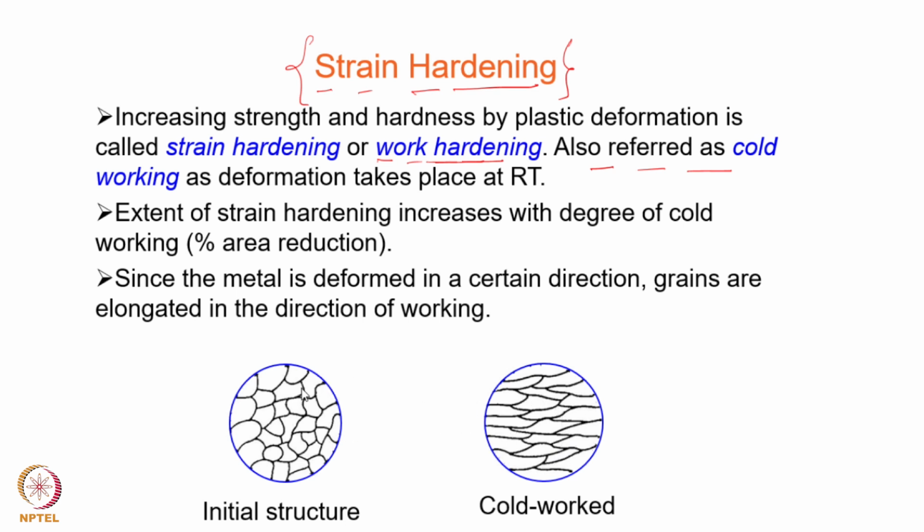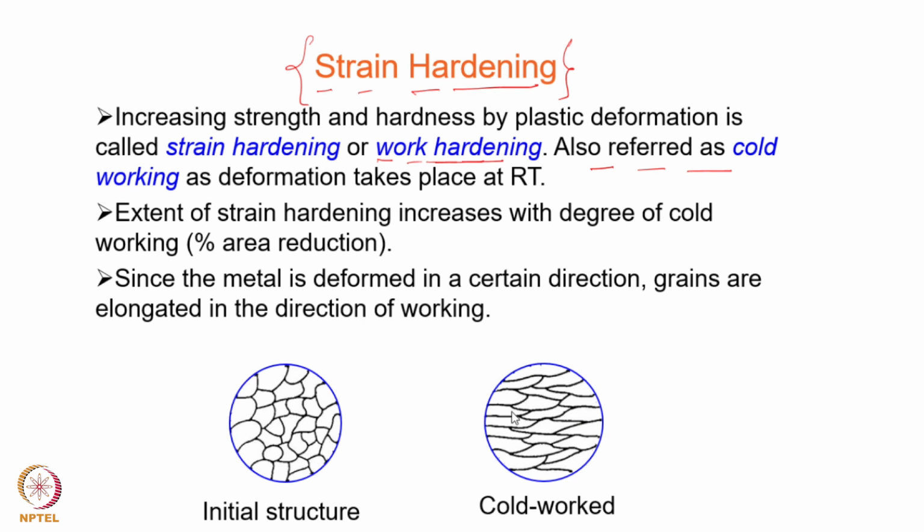So this tells you that there are some changes occurring inside the material, and in order to accommodate such strain inside the material, you need to generate a lot of dislocations, right? The grains will deform, that is for sure, because we are applying some stress to deform the material.